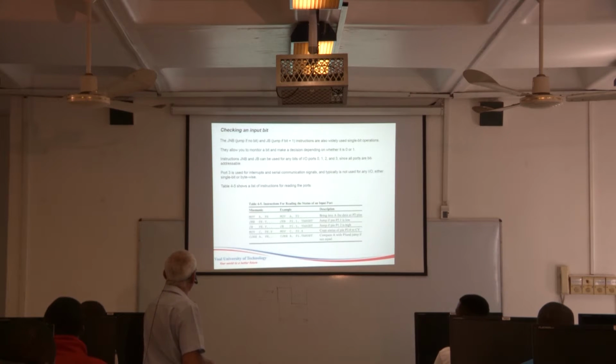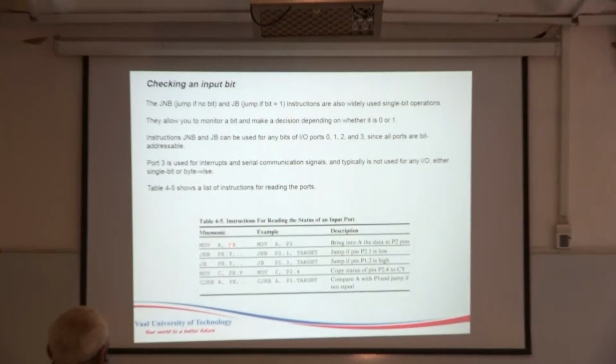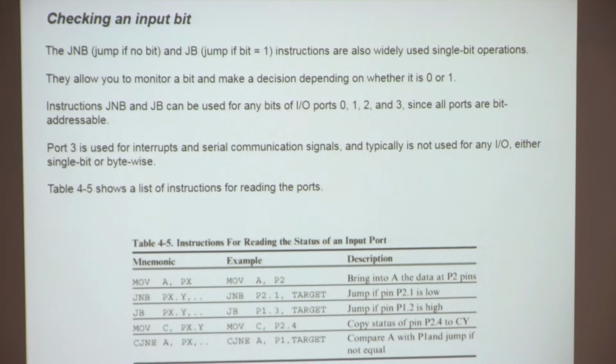First of all, I can move any port Px to the accumulator. But now Px means the entire port. To the accumulator, and obviously then I can do the AND or the OR instructions to check which bits are set and which ones are not. And then I can say jump not bit. Okay, that's the one we're at.